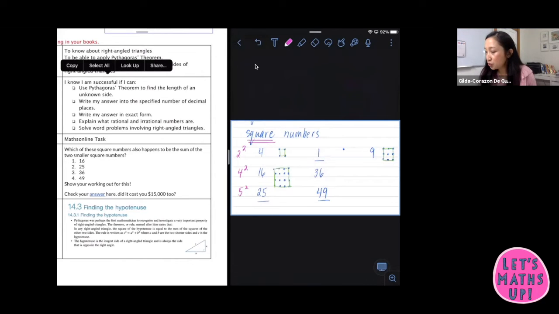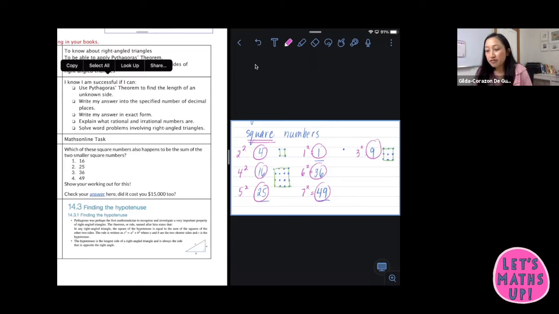So when you square 1, you get 1. When you square 6, you get 36, and therefore you say 36 is a square number. When you square 7, you get 49, and therefore 49 is a square number, right? The same thing with 3. When you square that, you get 9, and therefore 9 is a square number.